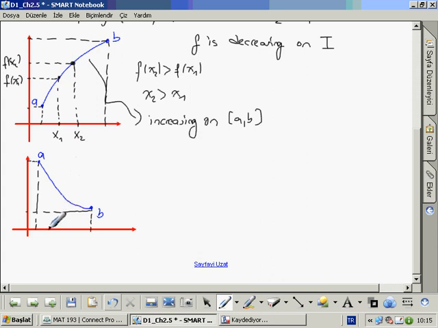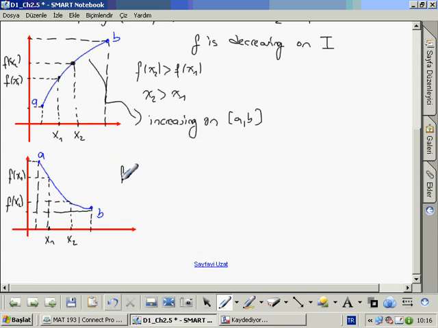For example, when you choose here x1 and x2, this is f of x1, this is f of x2.